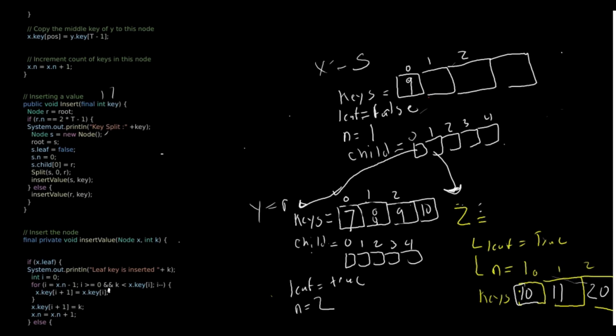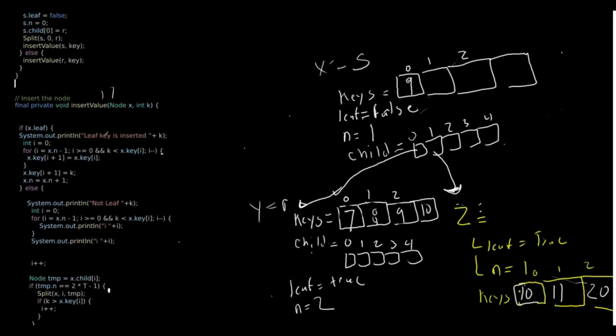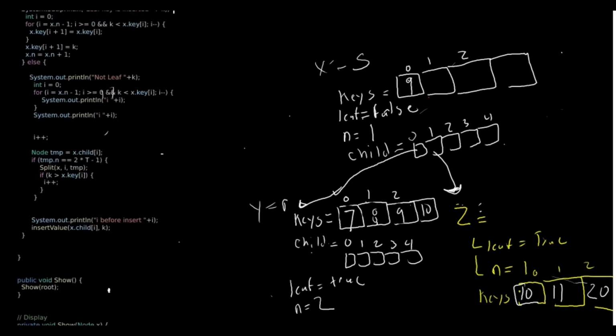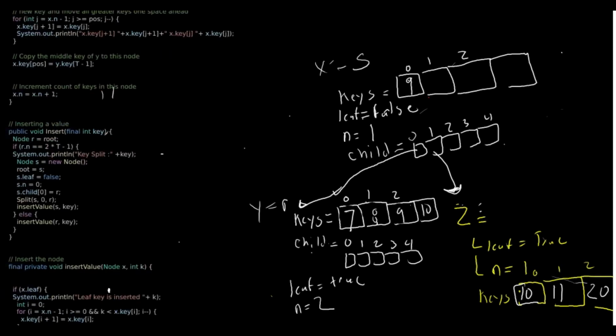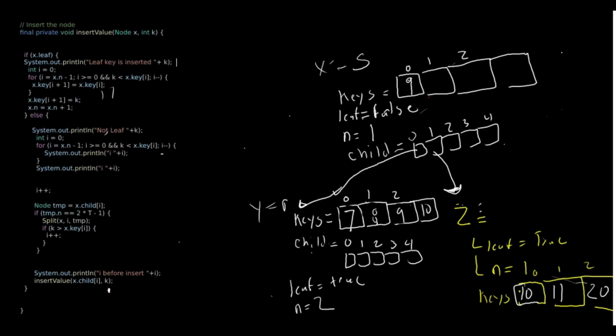It checks if the root node is full. It's not full, because it's equal to 1. So we go in here, and then we go to insert value. Again, R is not a leaf node. All right.